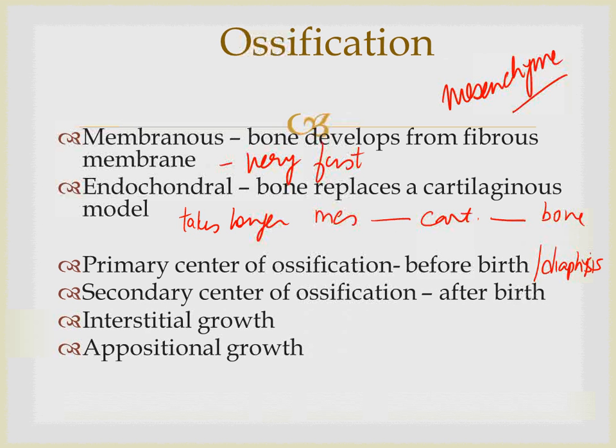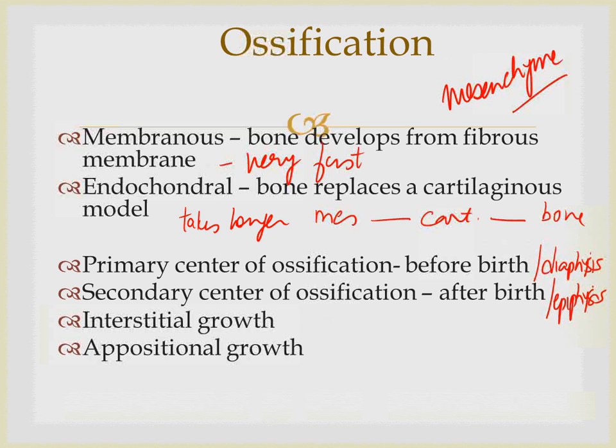Secondary centers of ossification, again with a few exceptions here and there, always occur after birth, and they are seen in the epiphysis. So important facts to remember. Primary before birth in the diaphysis, secondary after birth in the epiphysis.